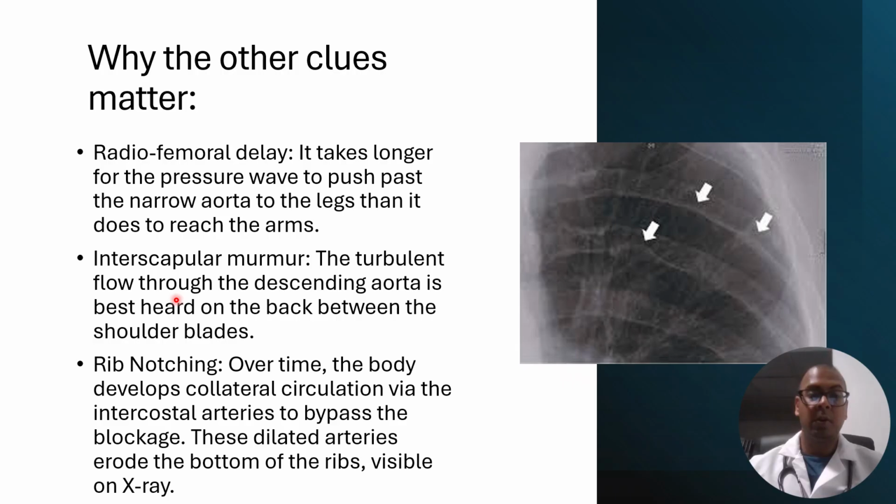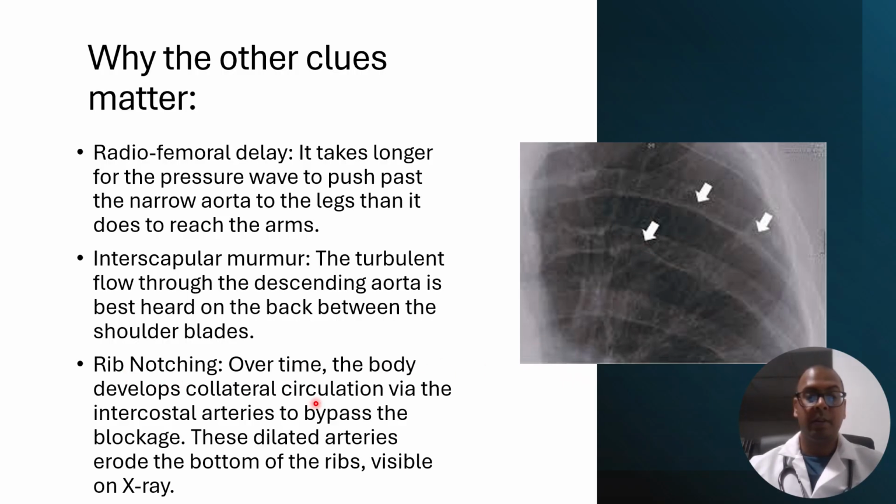The turbulent flow through the descending aorta is best heard on the back between the shoulder blades, and this is something very specific to coarctation of the aorta. Another finding that you saw on the chest X-ray is what is known as rib notching.